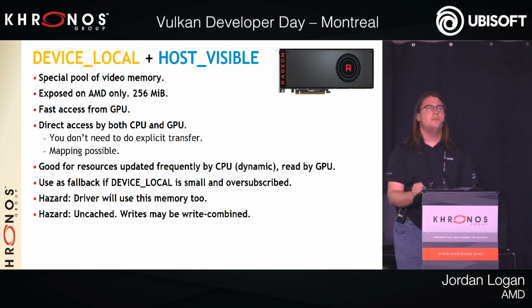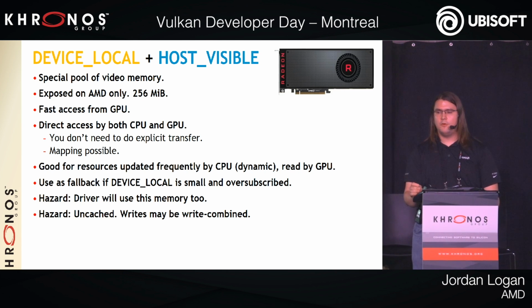You also have to be careful as the driver will use this heap for implicit resources like descriptors and such. So you do not want to use the whole heap, otherwise you'll just spill into your device host visible memory. And as with the previous one, this is also uncached and could have write combined. Even worse, it's across the PCI Express bus, so reads are very slow from this memory.